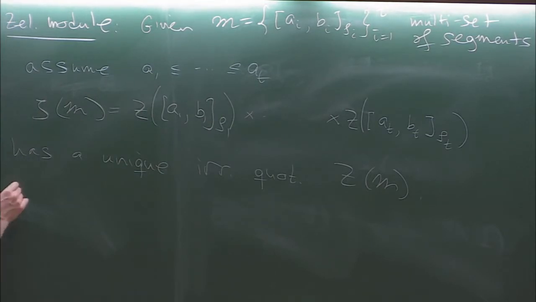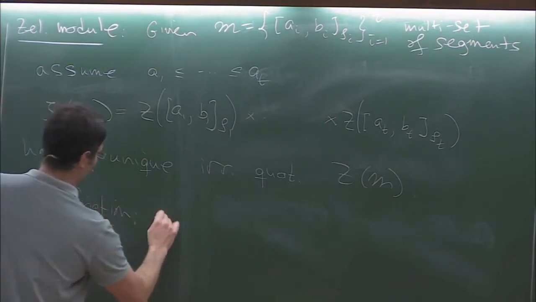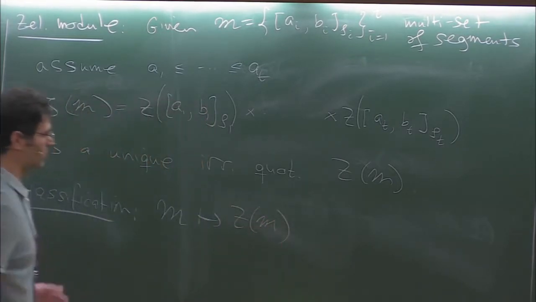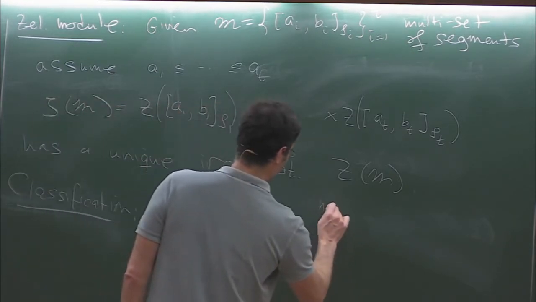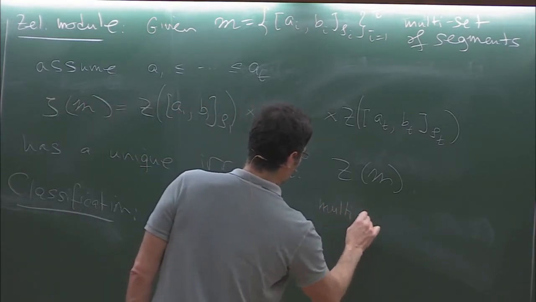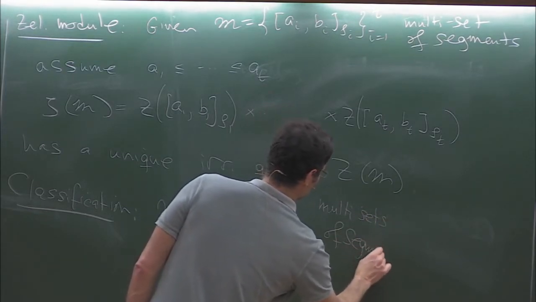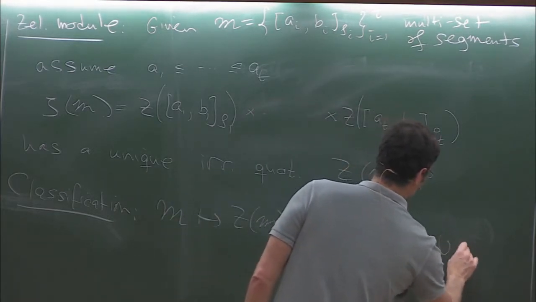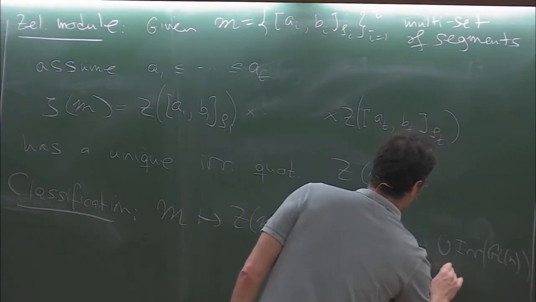And the classification is the statement that this map from multisets to irreducible representations is a bijection from multisets of segments to the union of irreducible representations of GLN for any n.